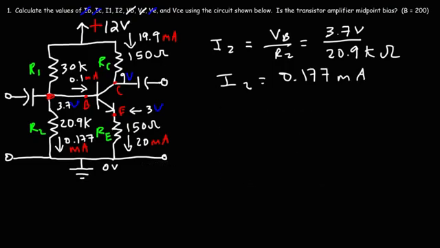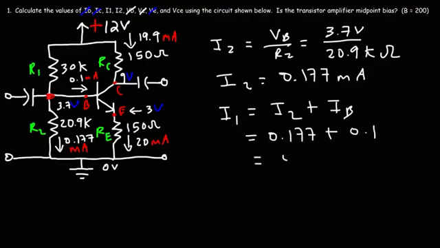So we could say that I1 is the sum of I2 plus the base current. So that's 0.177 milliamps plus 0.1 milliamps. That gives us a current of 0.277 milliamps. And so that's I1.